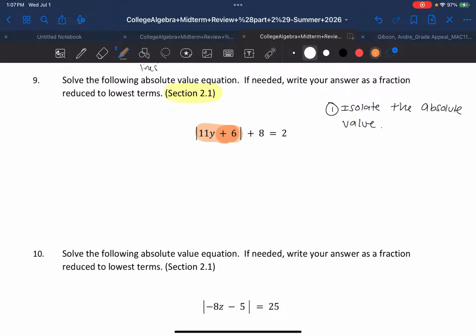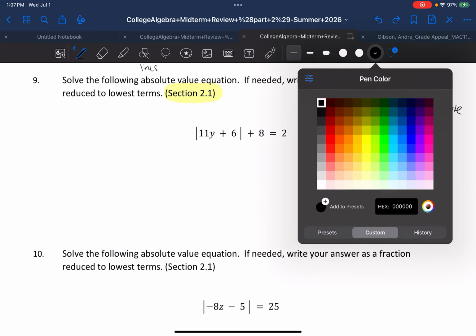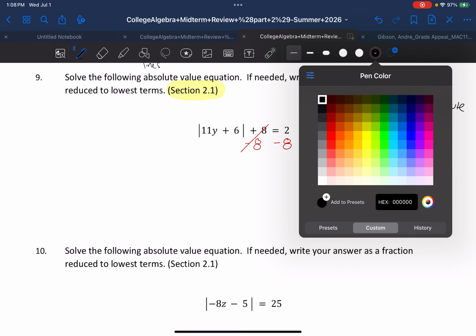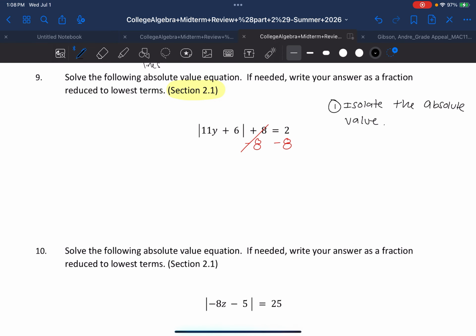So we need to get rid of this 8 here because that is on the same side of the equal sign as that absolute value, but it's on the outside. So I'm going to subtract the 8 from both sides to cancel it on the left. And this leaves me with the absolute value of 11y plus 6 is equal to negative 6.